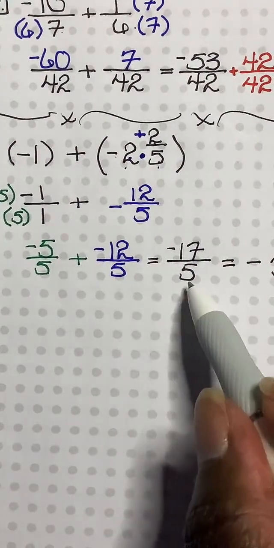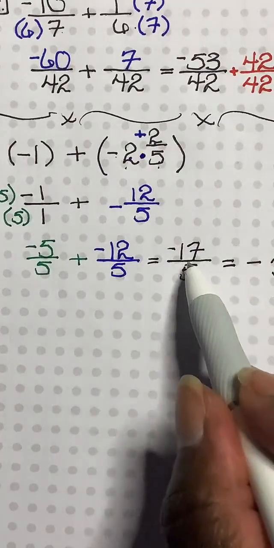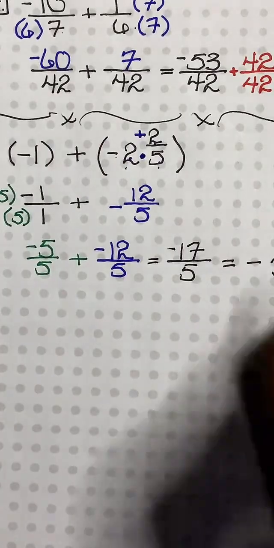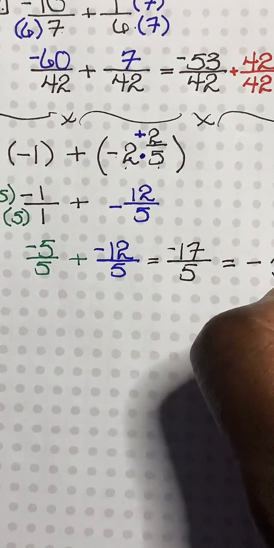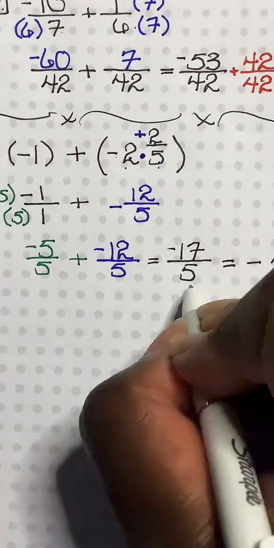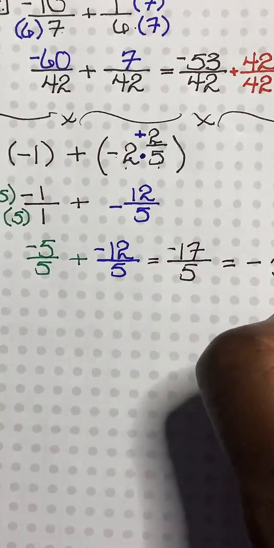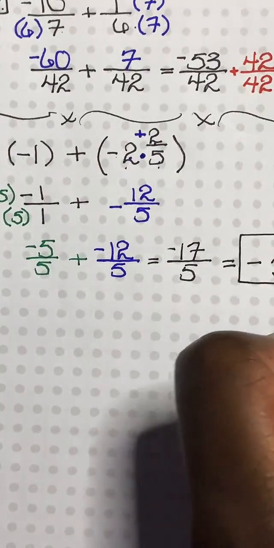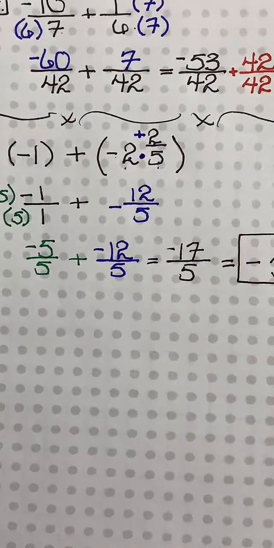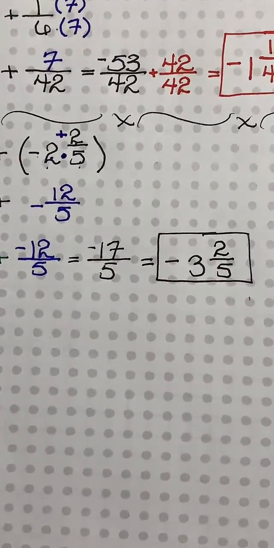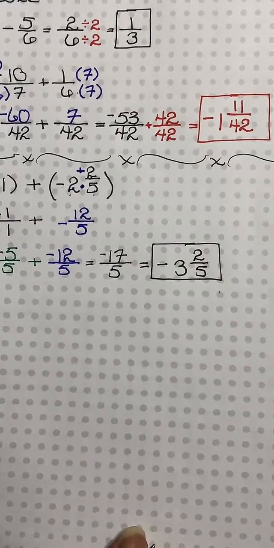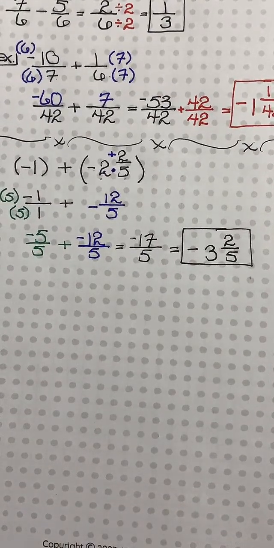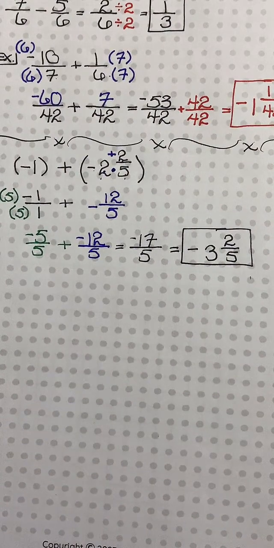Because I know 5 times 3 will give me 15, and it will give me a remainder of 2. So that remainder is going over our divisor of 5. So negative 3 2/5.